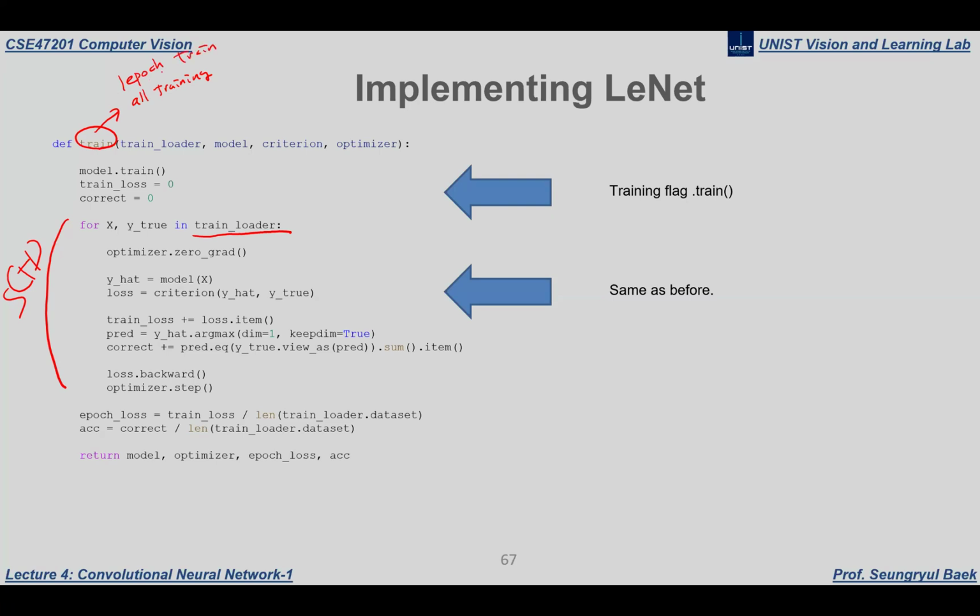One epoch means one time seeing all the training data. That is one epoch. Epoch means seeing all your data, okay? So this train method will define one epoch training, and it will take your model and the train data loader for the training data, and your loss function and your optimizer. Okay?